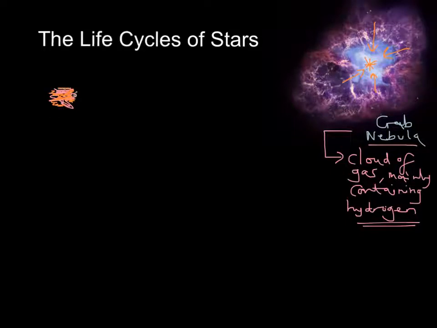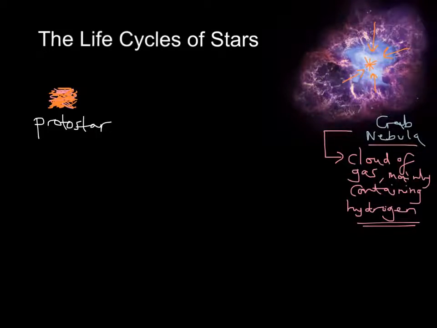Now, it's not the best drawing, but this is meant to represent an early star, a protostar. It's just where we've got this cloud of gas, essentially just condensed. And this, so we'll just label that. This we're just calling our protostar.